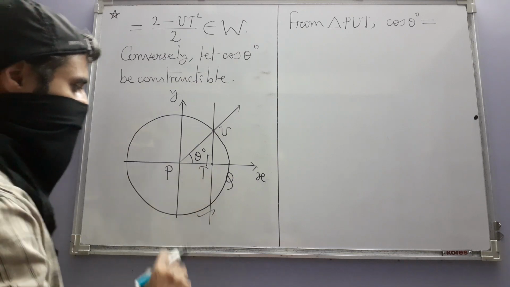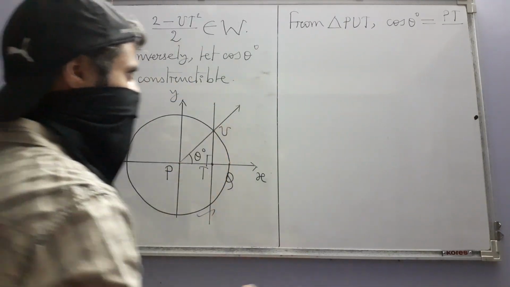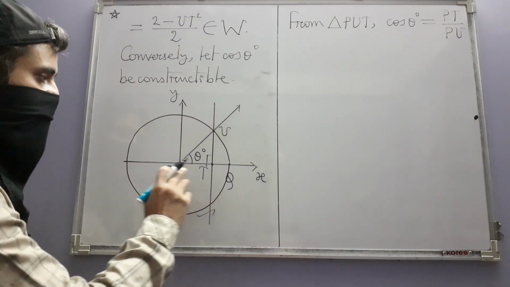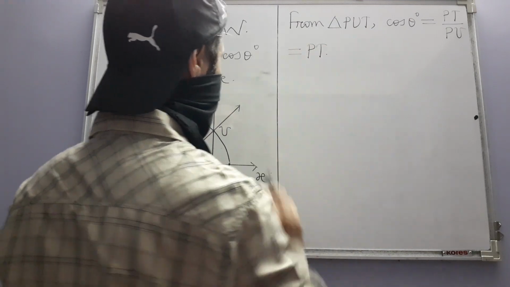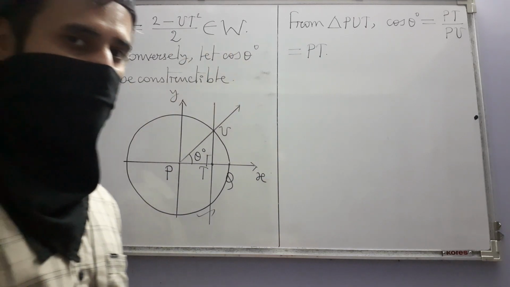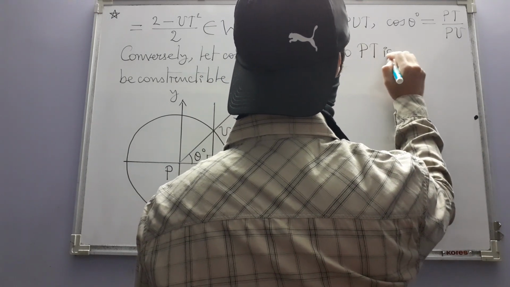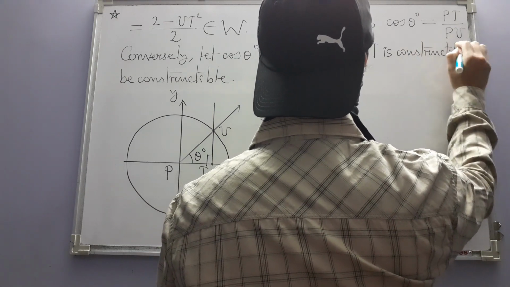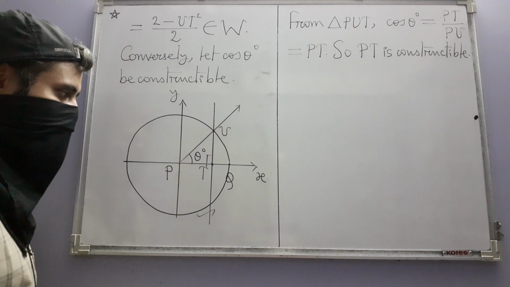In this case, the base is PT divided by hypotenuse PU. But PU is 1 because the radius of this circle is 1. It's a unit circle. So that means this is equal to PT. But our hypothesis is that cos theta degree is constructible, so that means PT is constructible. Okay. So the length PT is constructible.